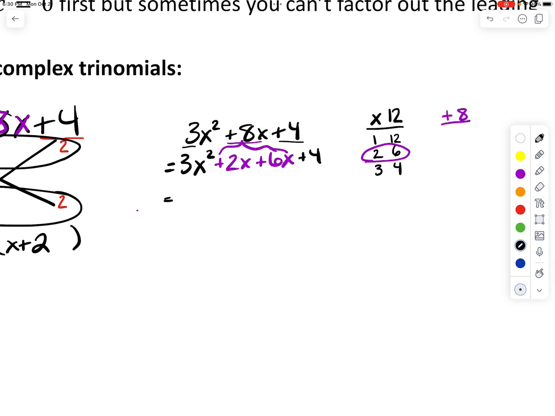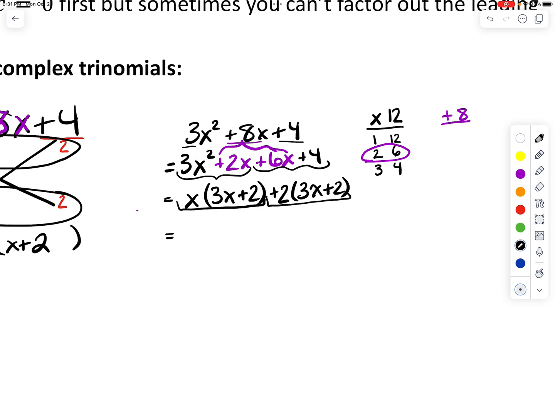And now, once I do that, I common factor my sets. So 3x and 2x, the only common factor is an x. I would be left with 3x plus 2. My second set, 6x plus 4, I can common factor out a 2, and I'm left with 3x plus 2.